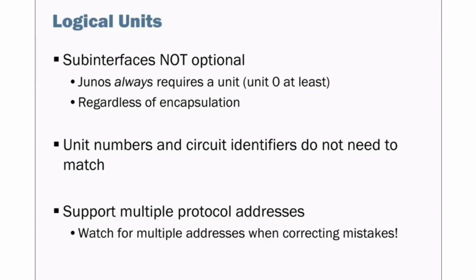Again, something to watch out for, Cisco folks switching to Junos. In iOS, if you typo the IP underneath some interface, you simply reissue the IP address command, and you overwrite whichever previous primary address you've configured. Because in iOS, you're going to add secondary addresses only when you remember to include the secondary switch at the end of the command.